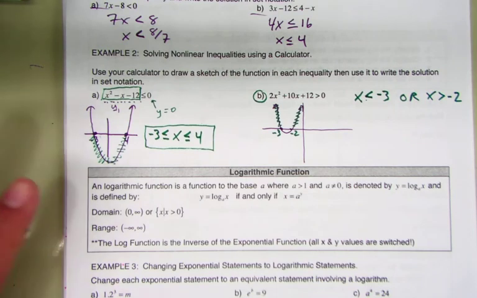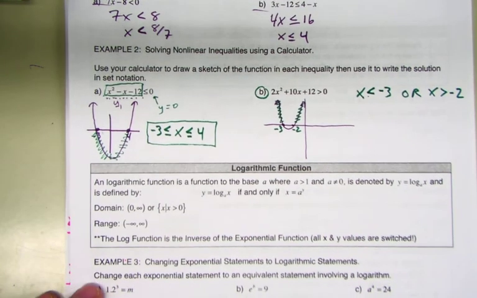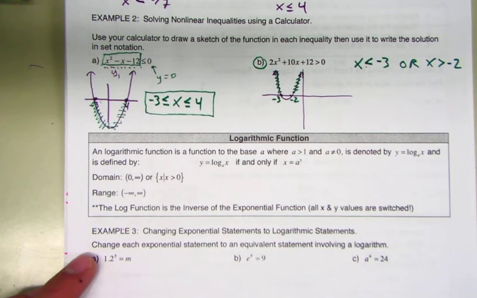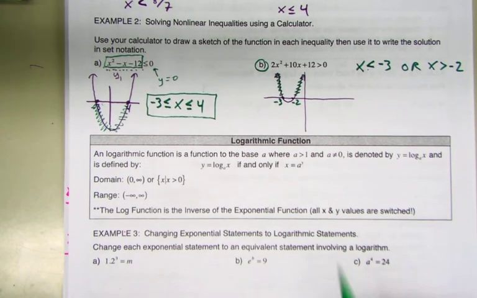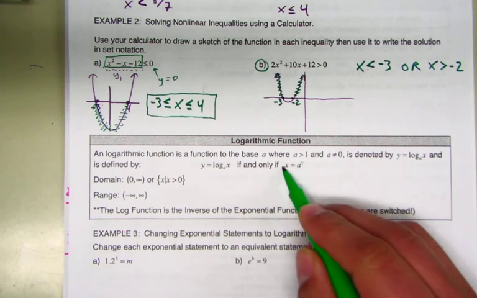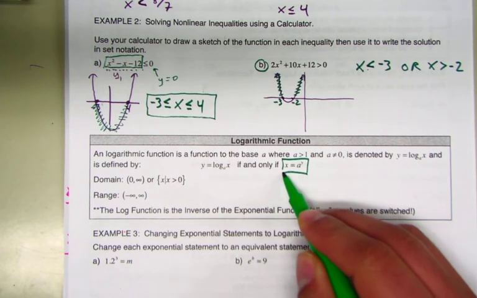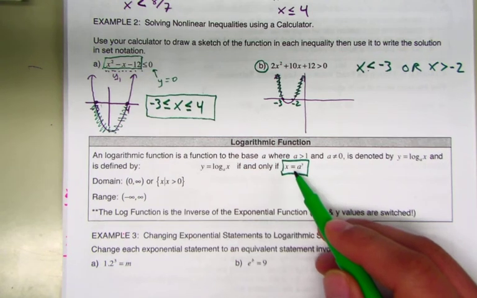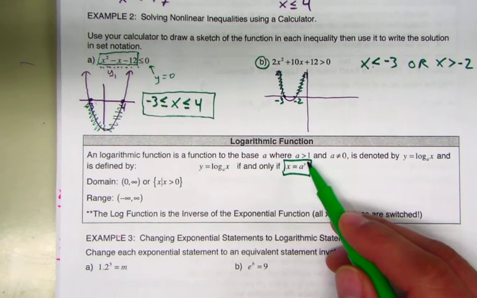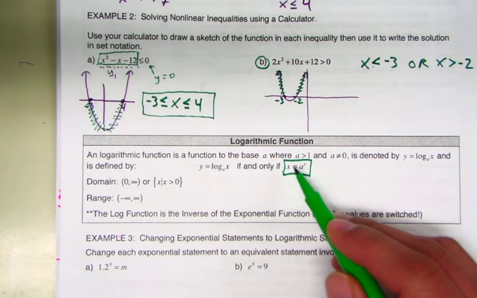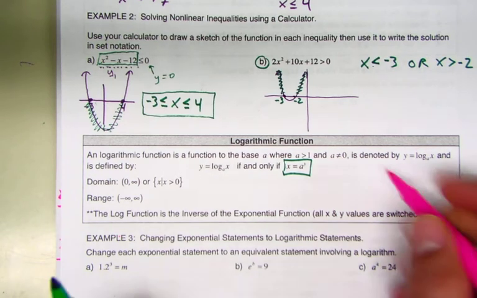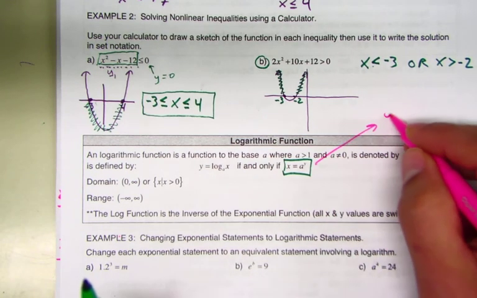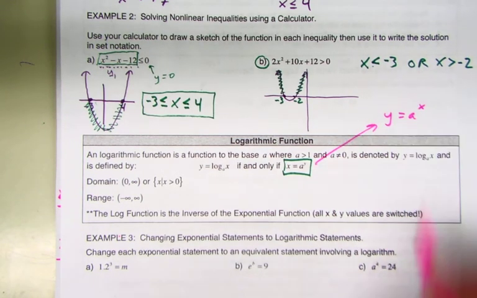Okay. Log functions, here we go. So, a couple of things. I'm going to start over here. Over here on this side, you'll notice that it looks kind of like those exponential equations that we were talking about, right? Except when we did them last time, it was y equals a to the x, right?